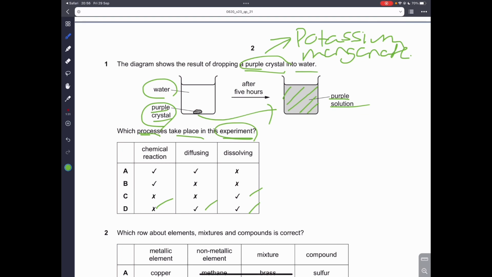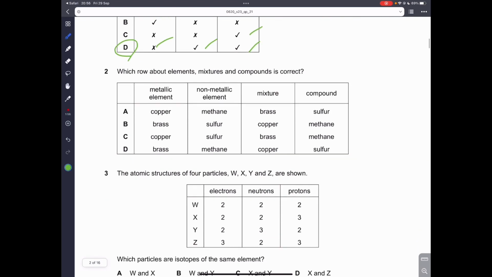If you react them together, you essentially dissolve the purple crystal, but it is still the same purple crystal, just in a different physical state. It is basically just in solution, so if you remove the solvent, which is water in this case, you will get the original purple crystal, and therefore it is not a chemical reaction, so D is most likely the answer. Question number 2.